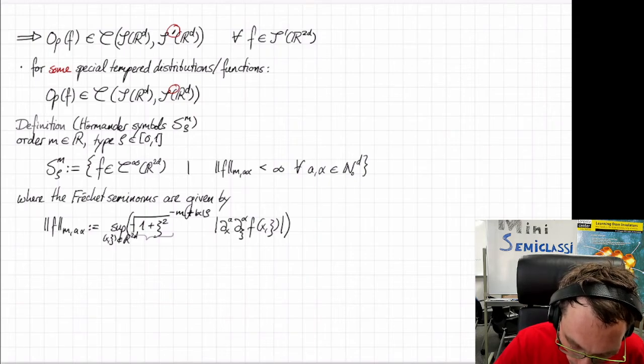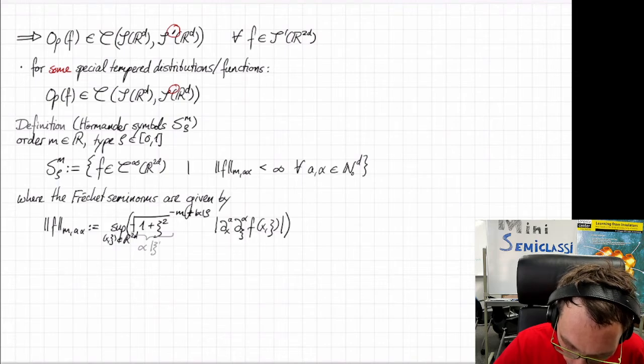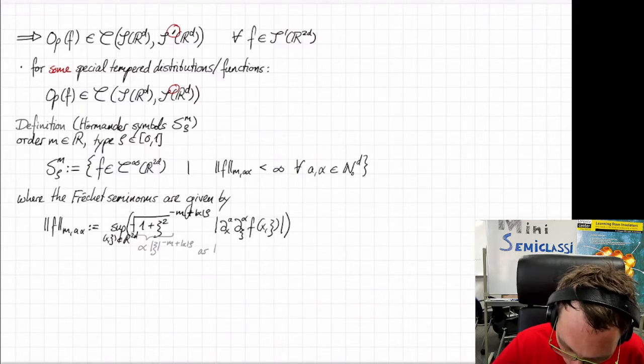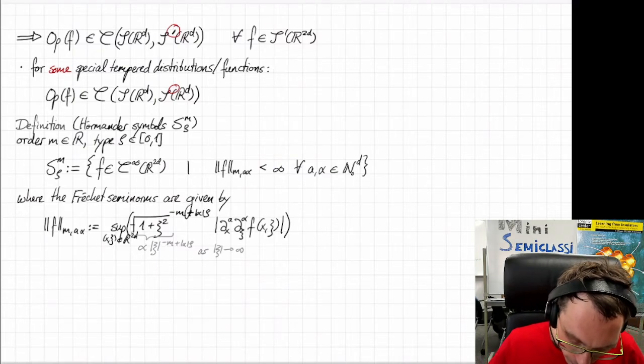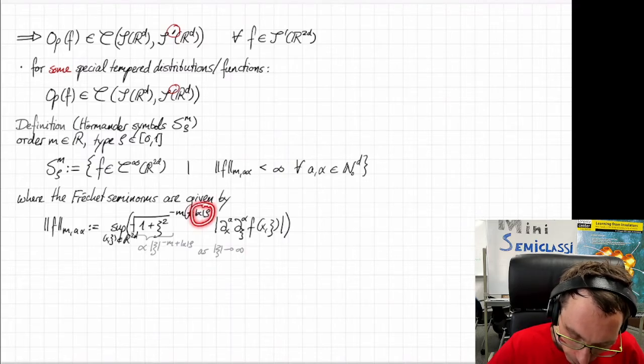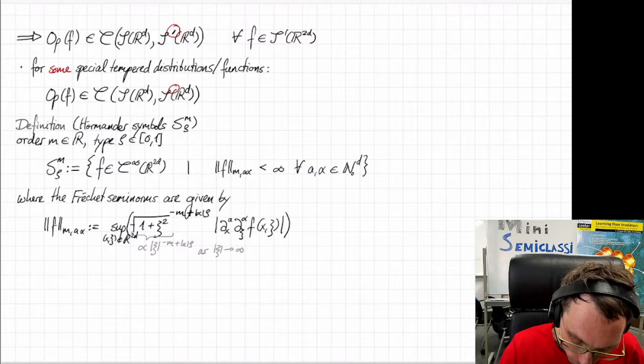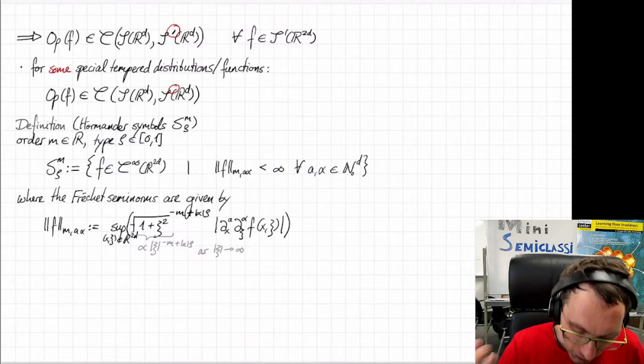And that is simply because this expression here behaves like psi to the power minus m plus absolute value of alpha times rho as we go towards infinity. And every time we take a momentum derivative, our growth slows down by rho. So this is the point here.